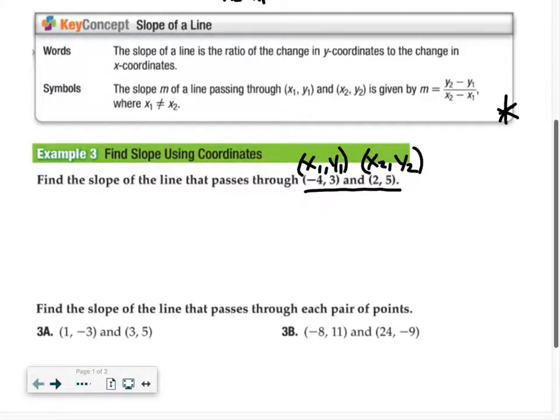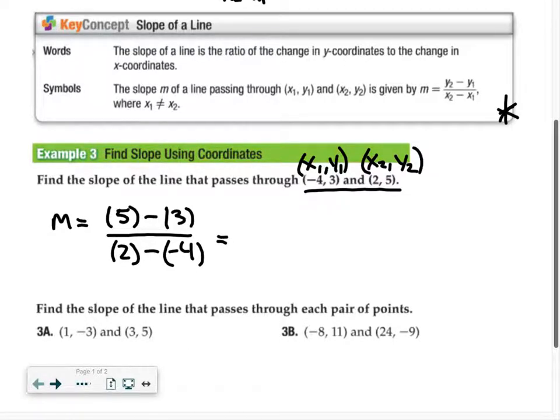So slope is y2 minus y1, 5 minus 3, over x2, which is 2, minus x1, negative 4. I always use parentheses when I substitute in these values because 5 minus 3 is 2, over 2 minus negative 4, double negatives become plus, 2 plus 4 is 6. So the slope of this line is 1/3.